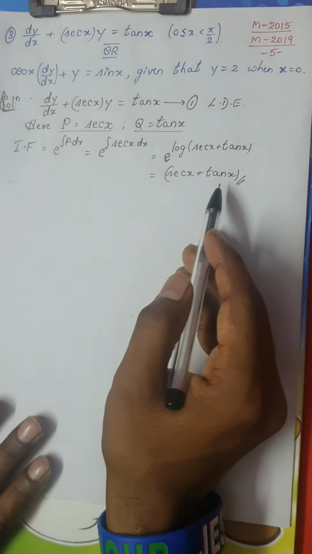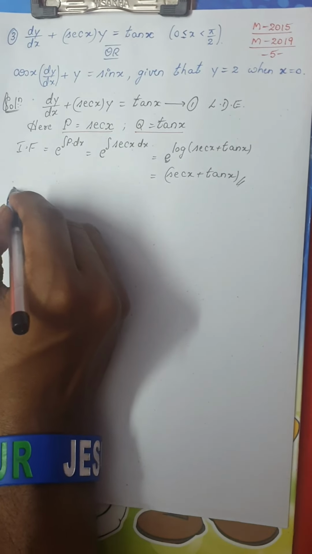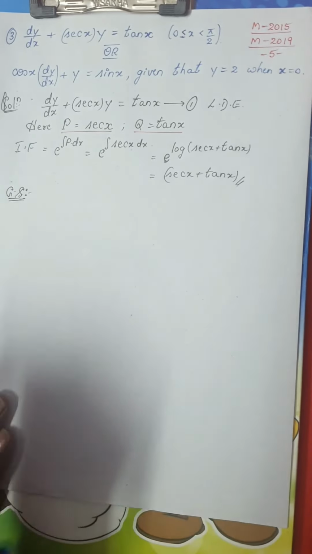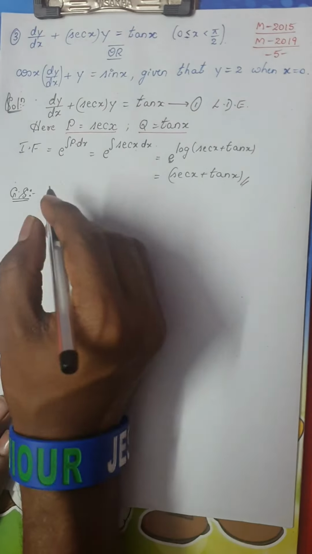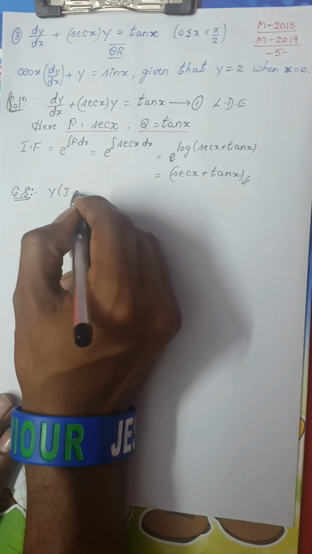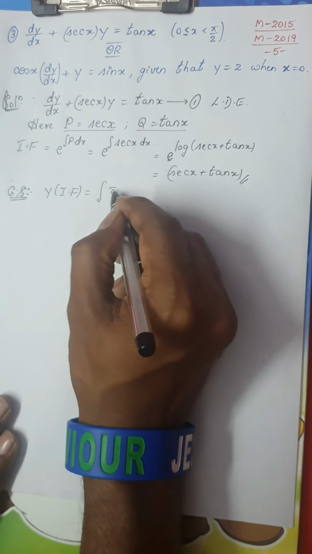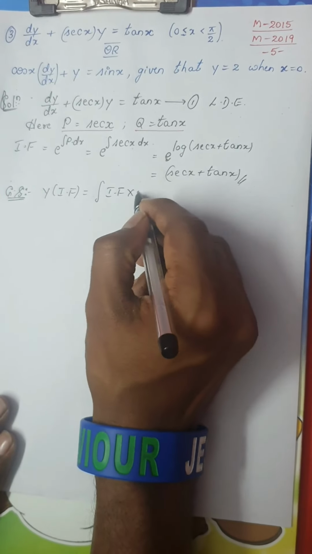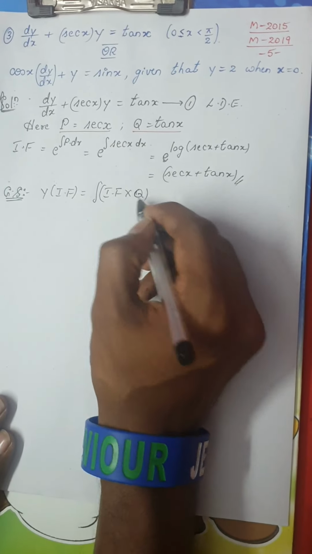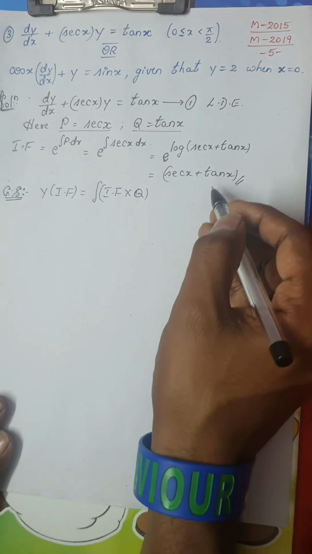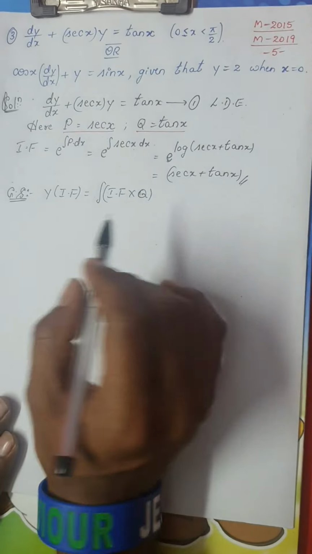Okay. So once the integrating factor is ready, I will write down the general solution. So what is the general solution? General solution is y into integrating factor is equal to integral of integrating factor into Q. Now plus c I'm going to write later because we cannot write down plus c ten times.